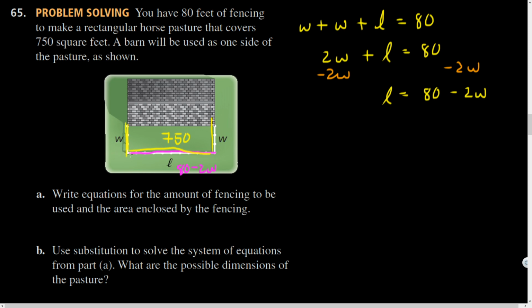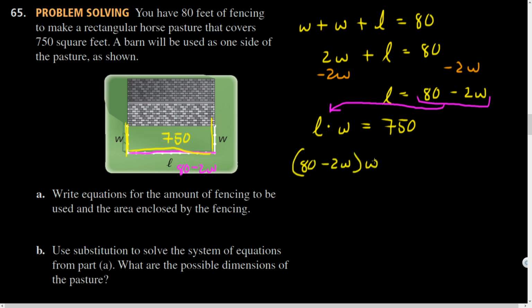So length times width. L times W is equal to 750. Now here is where I can do my substitution. I'm going to plug this in for L, and I'll have 80 minus 2W times W equals 750.